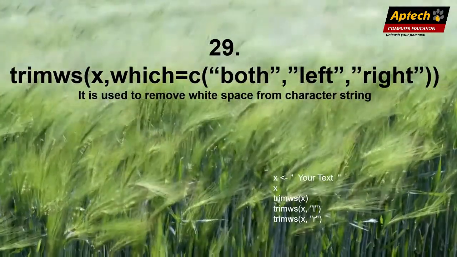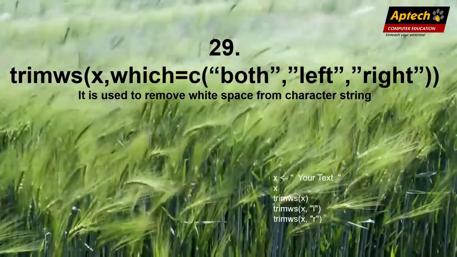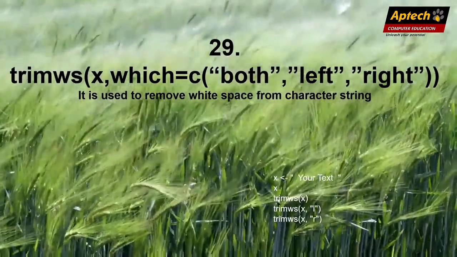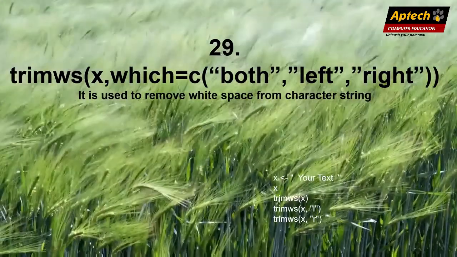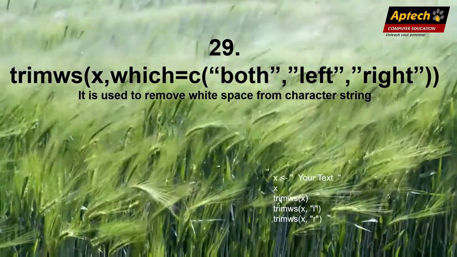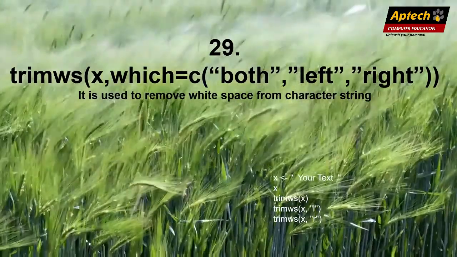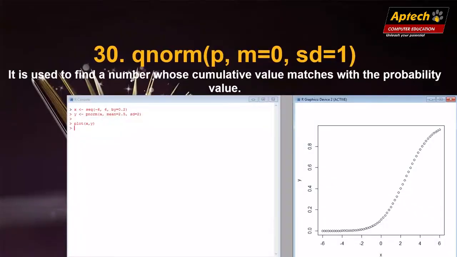If you pass the parameter both, it will remove from left and right. If you pass only left, it will remove only the left side. If you pass right, it will remove only from the right side.